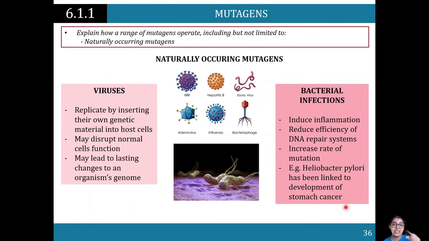Remember, cancer is unhindered replication of cells. If our DNA repair system is unable to repair a mutation, the cells keep replicating, and that leads to cancer. In this case, there has been a correlation between Helicobacter pylori and stomach cancer.